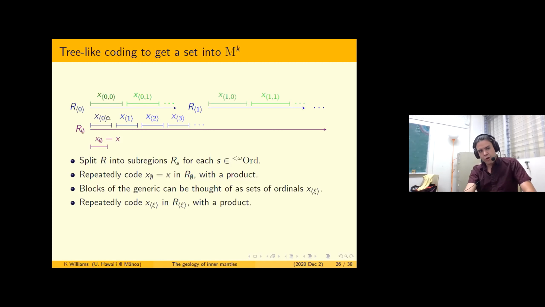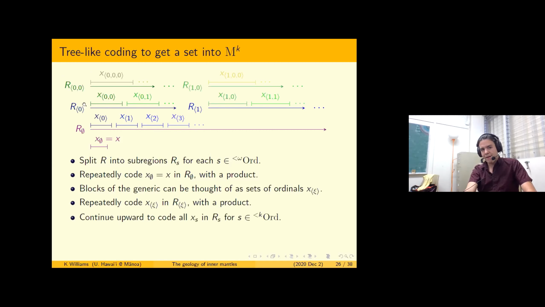And so we're going to code this first guy cofinally often. We're going to code the second guy cofinally often. We'll code the third guy cofinally often, and so on. And then we just keep going. We have this level of the tree, everything here, we code Ord often. We have Ord many little spots to code, so that's fine.